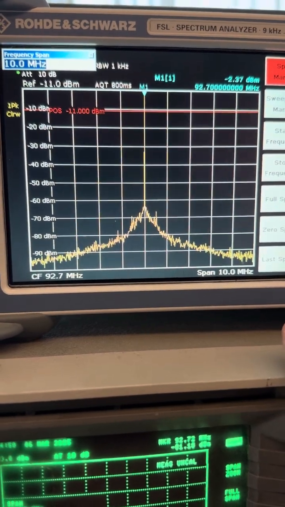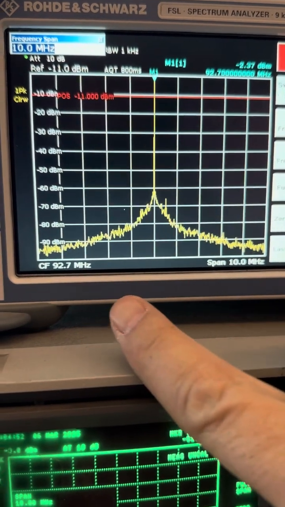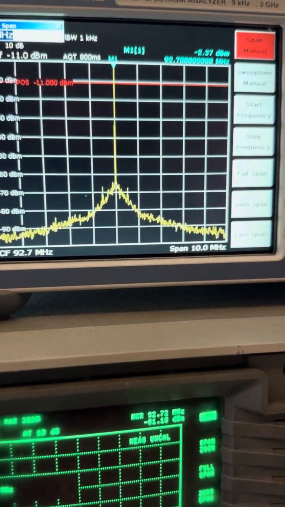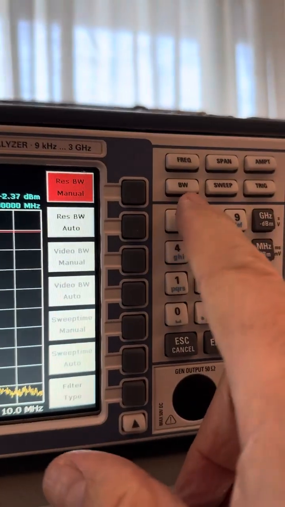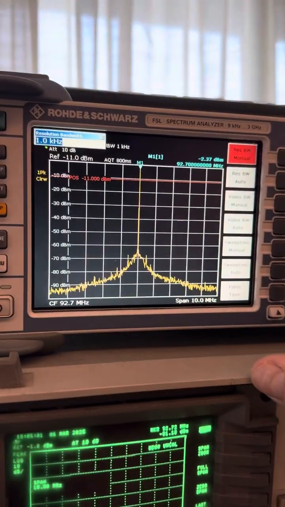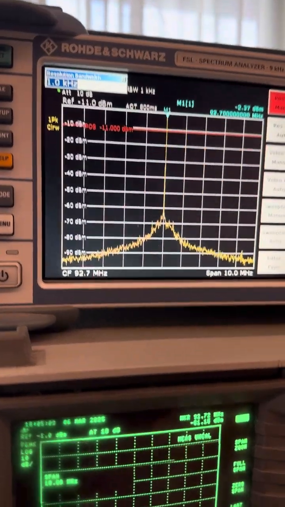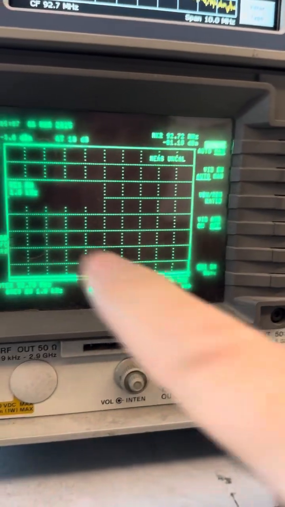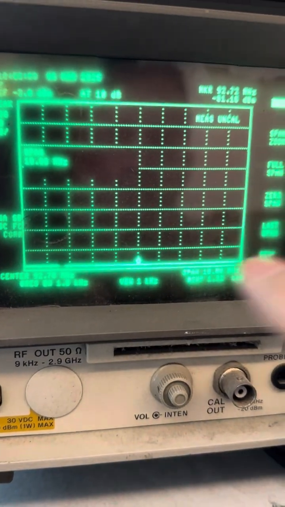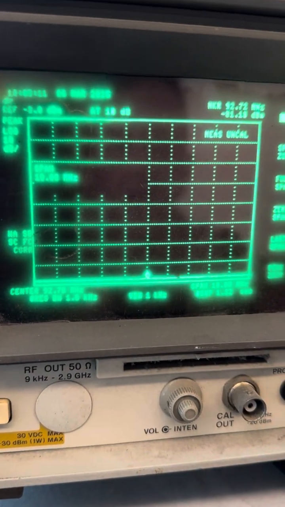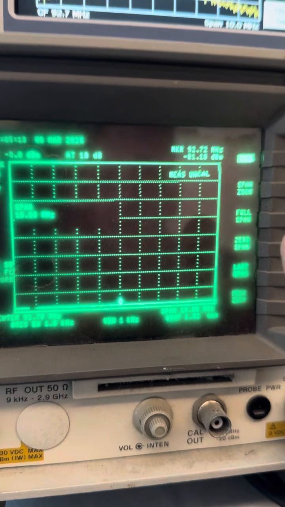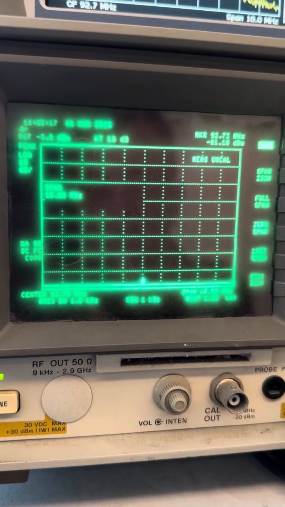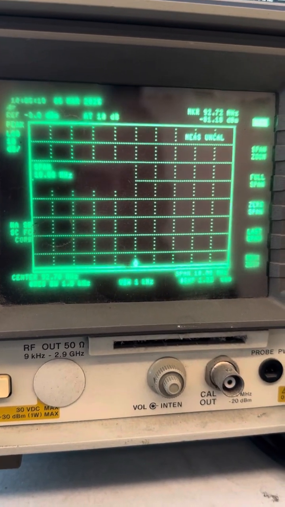We are at 10 MHz span, 92.7 MHz in this case, with a bandwidth of 1 kilohertz. The same in this one: a bandwidth of 1 kilohertz, 10 megahertz span, 92.7 megahertz center. They are both set in exactly the same way.